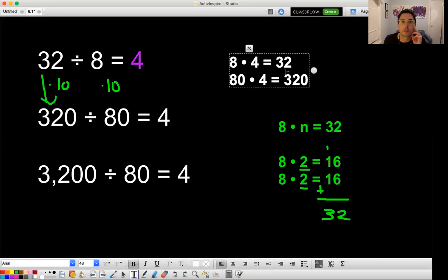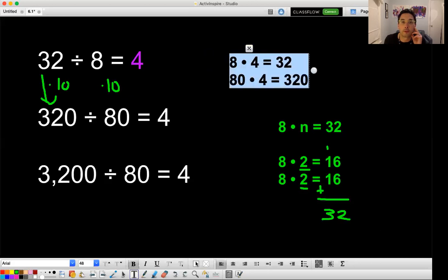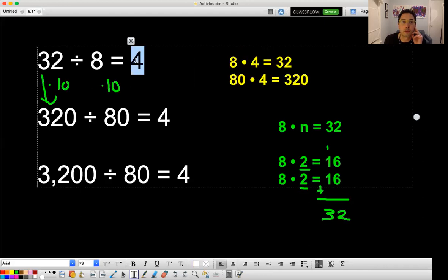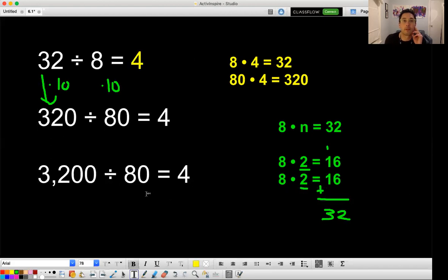Okay, so I think thinking about this like multiplication is actually going to be really helpful. Really color code that a little bit. Switch it to yellow. Okay. All right.